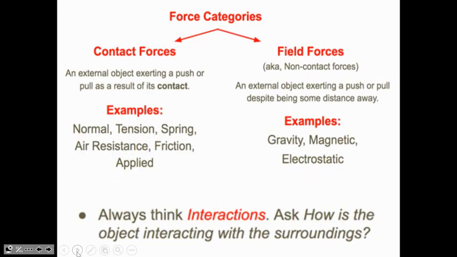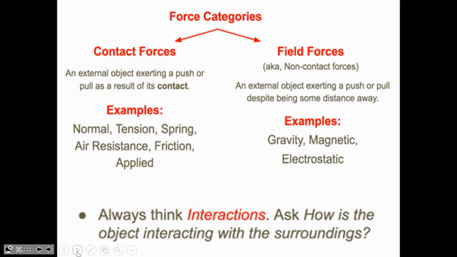So just to summarize, we have two different categories of forces, contact forces and field forces. Contact forces are when an external object exerting a push or a pull is the result of some direct physical contact. And we went through some examples. Normal force, tension force, spring force, air resistance, friction, and applied force are all types of contact forces.